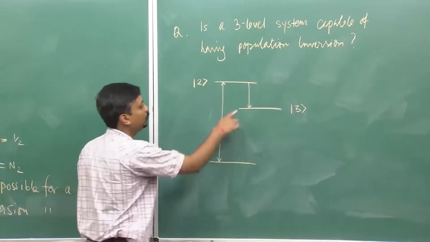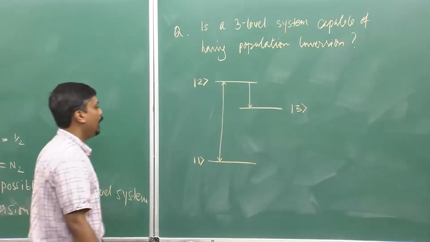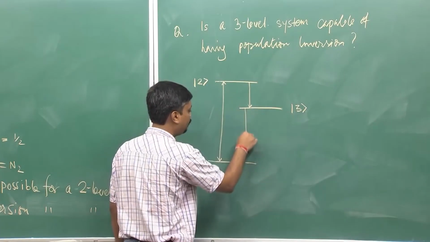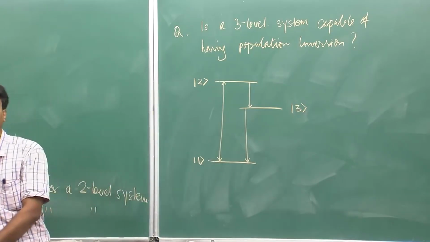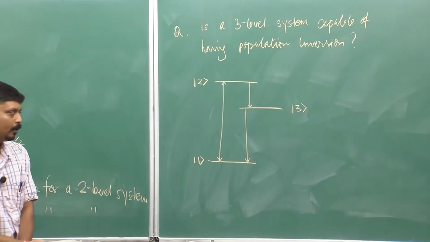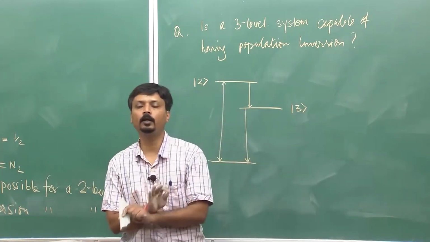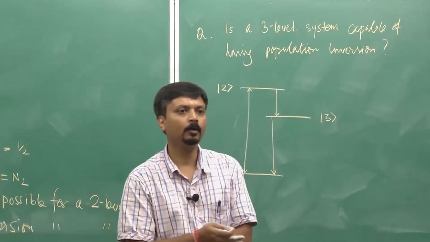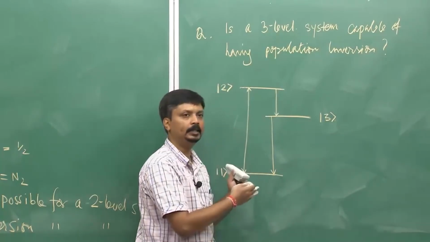This single headed arrow means there is a spontaneous emission. And from here I can have spontaneous emission, I can have stimulated emission. Whether the stimulated emission will dominate over spontaneous emission will tell me whether I can have a laser using a 3-level system.